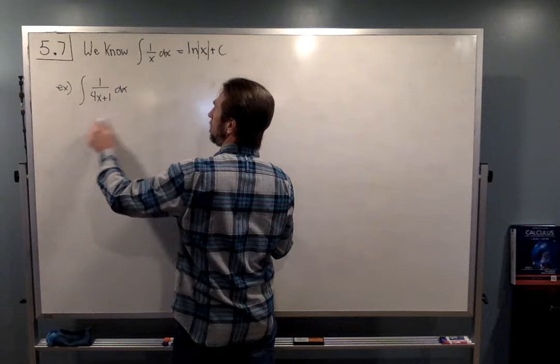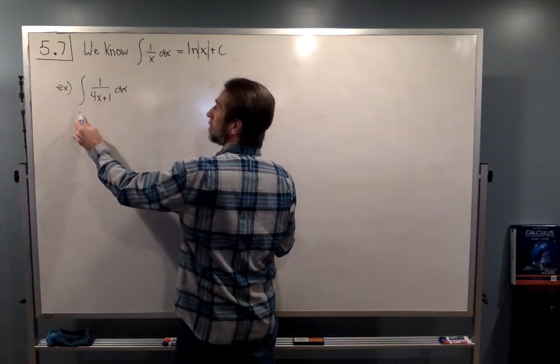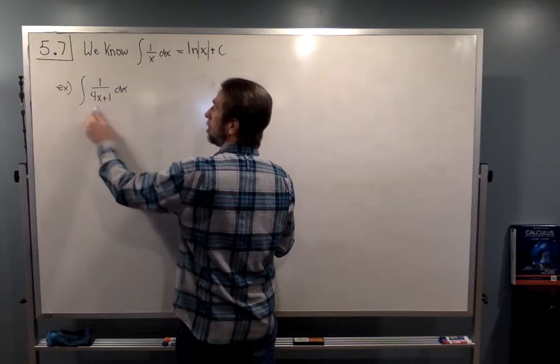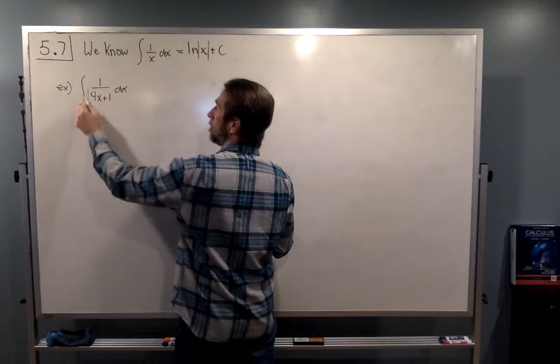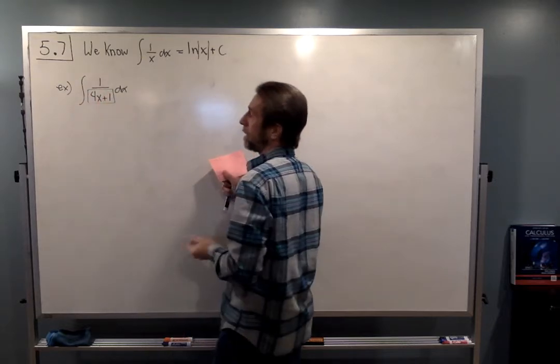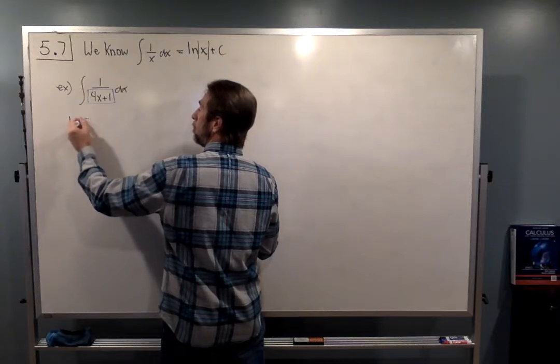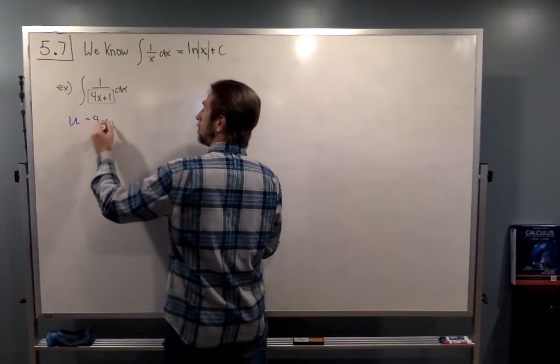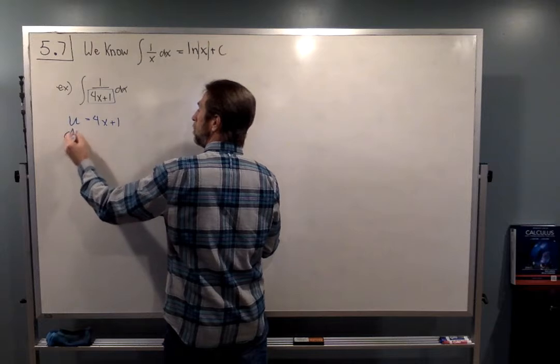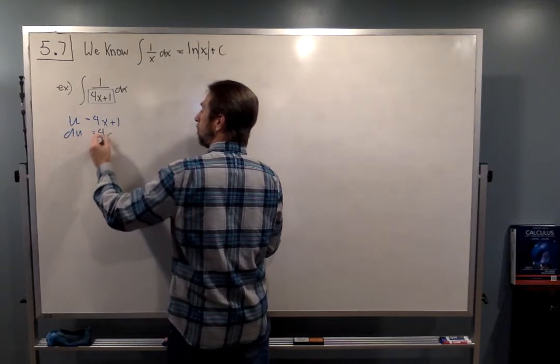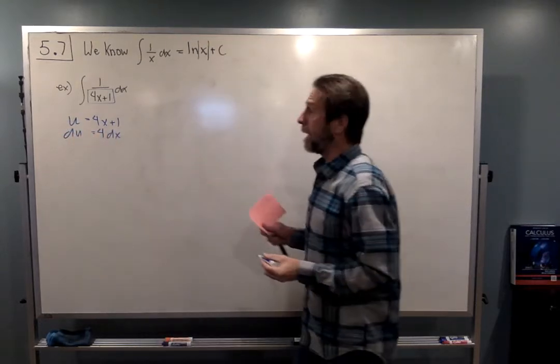It's definitely a quotient. You can even think of it as a composite function where it's 1 over something. So I'm going to let u be 4x plus 1. If u is 4x plus 1, du is 4 dx. That's our differential. Hopefully you've been doing that a lot lately.